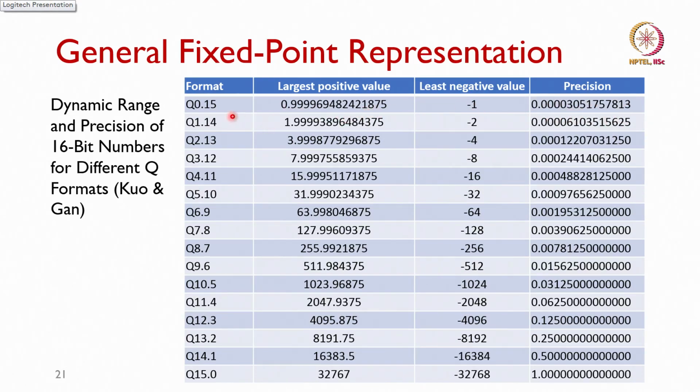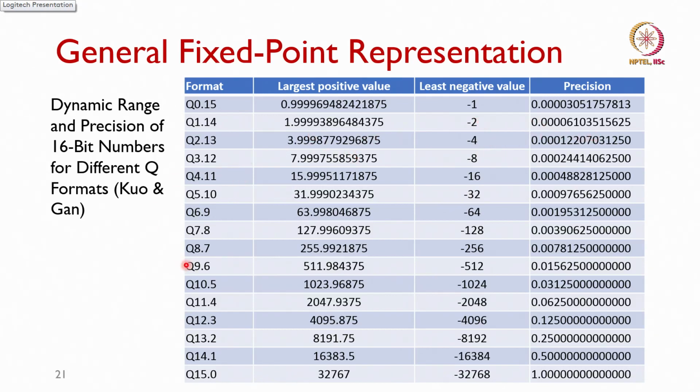Okay. Same thing, if I want to allocate 1 bit to the integer, where here 0 bits were given to the integer, and 14 bits for the fractional number, then my largest value will be 1.999, close to 2, and the least negative value I can have is -2, and this is the precision I will have.